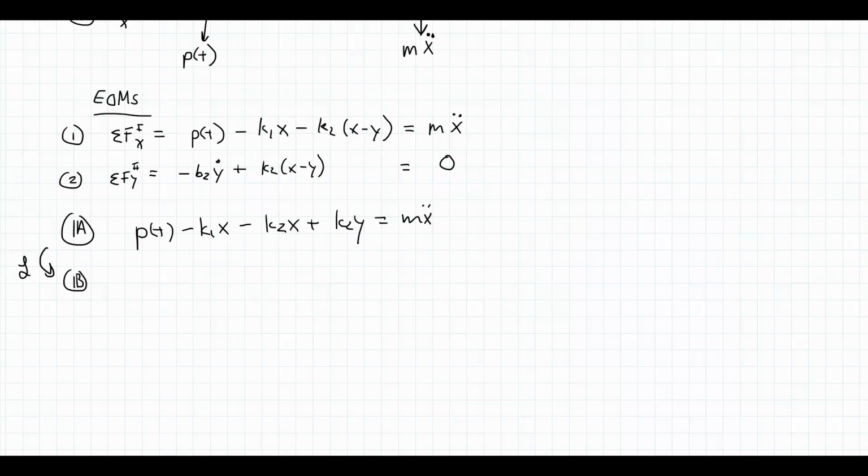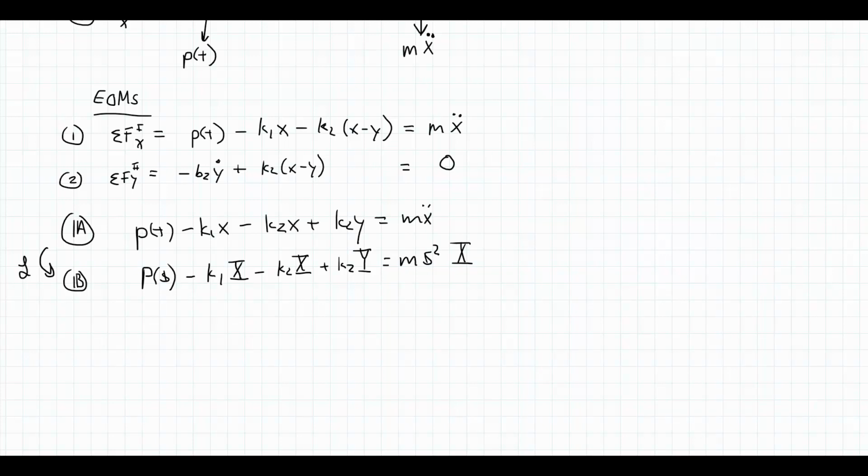So the Laplace transform of p of t is going to be capital P of s. I'll put the s here for now. Minus k1, that's a constant, times X, minus k2 times X plus k2 times capital Y equals m s squared times big X. All right, so notice we haven't seen this before.